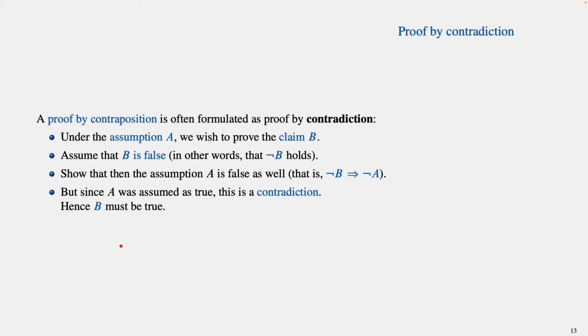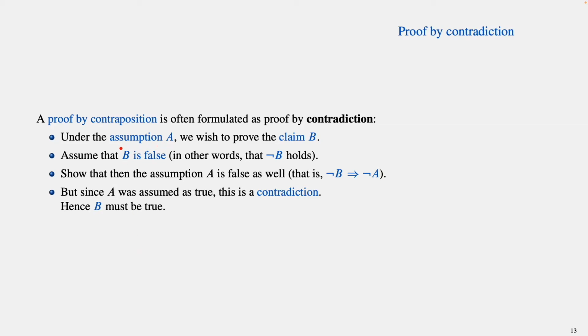A proof by contraposition is often formulated as a proof by contradiction. And here we wish to prove some claim B, but we assume that not B is true and derive a contradiction to our prerequisites from it. And in that case, B must necessarily be true.